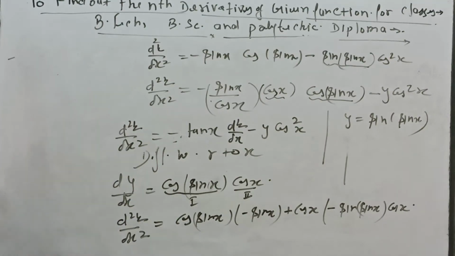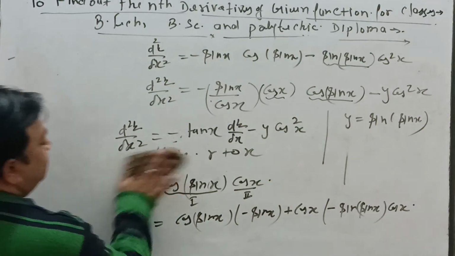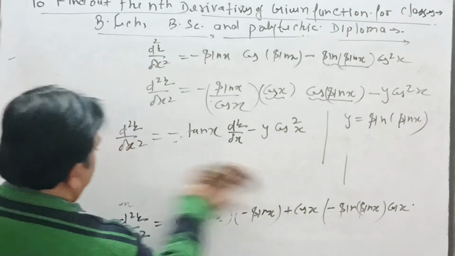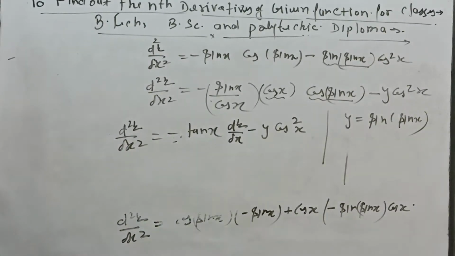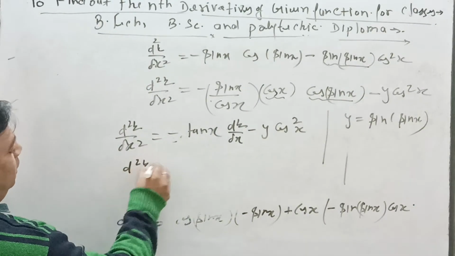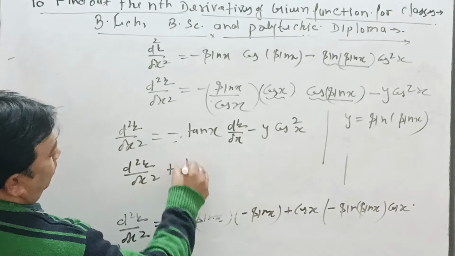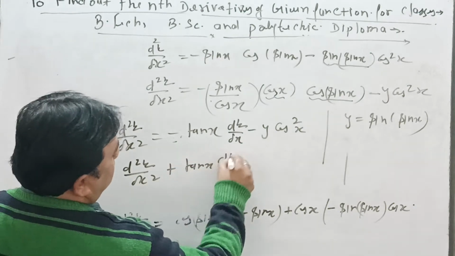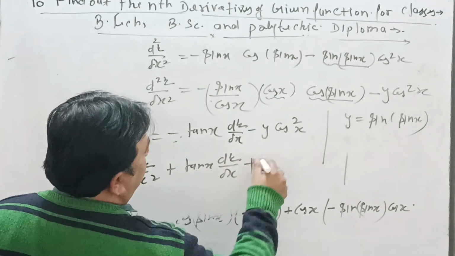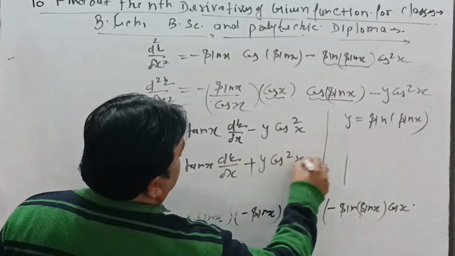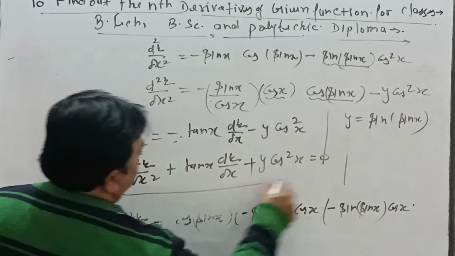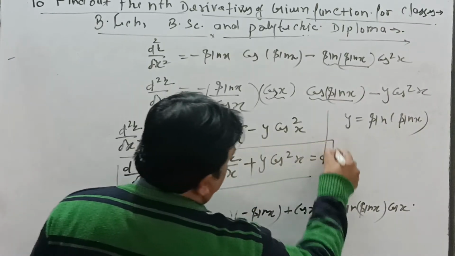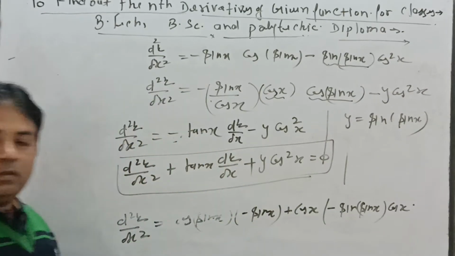Taking these values to the right-hand side, d2y over dx2 plus tan x dy over dx plus y cos square x equals 0. This is the required result of the given question.